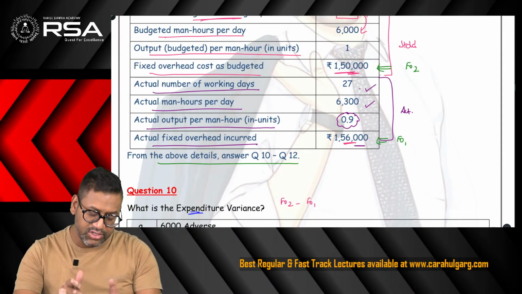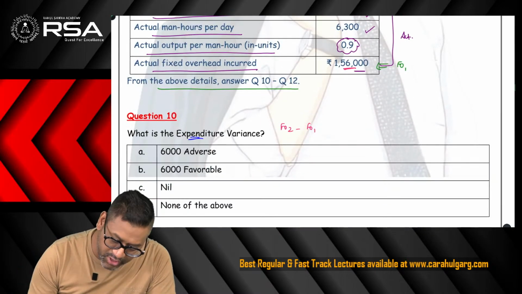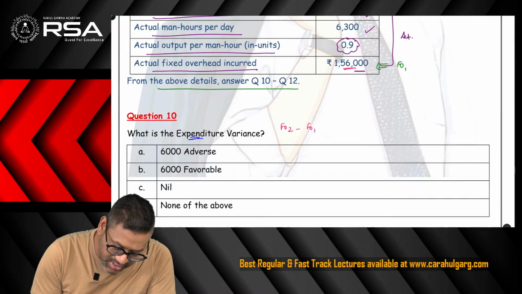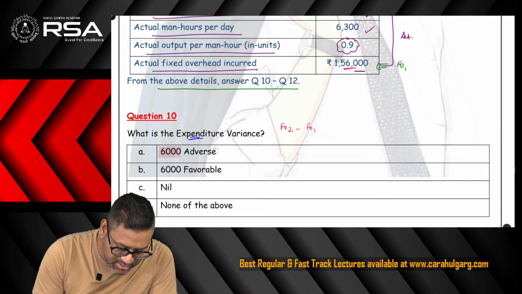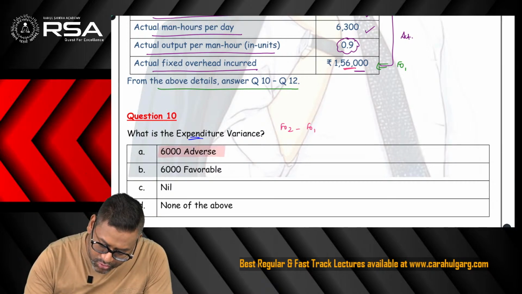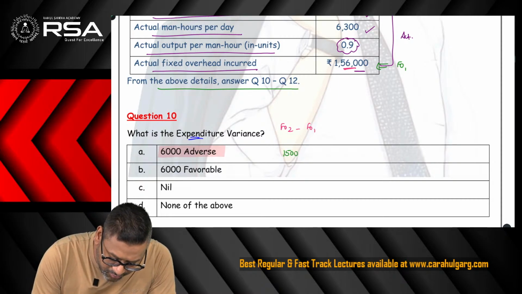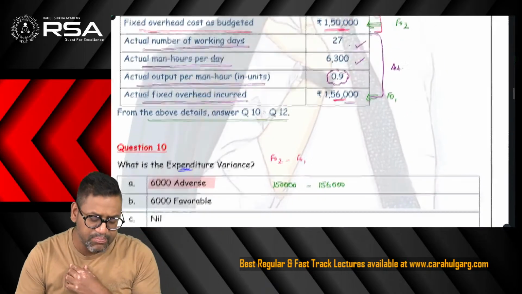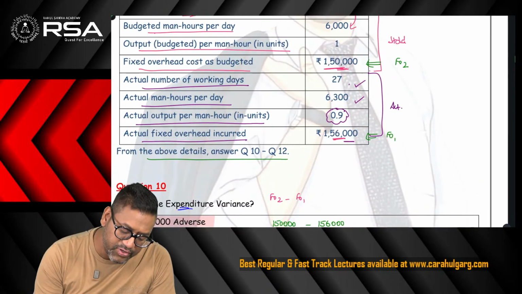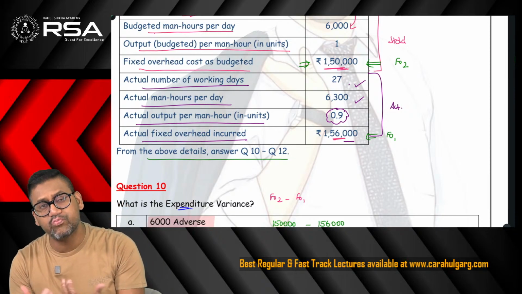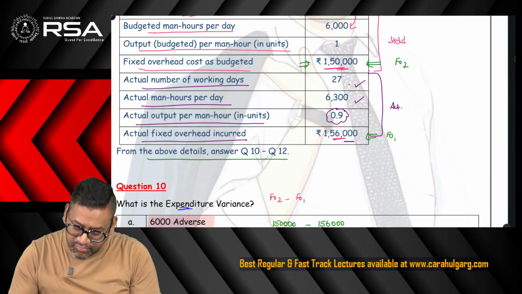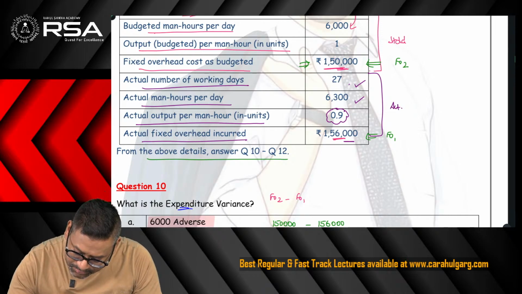So 1,50,000 minus 1,56,000, you get 6,000 adverse as the correct answer. So I get this answer straight away, 6,000 adverse. Or if you want to show it in detail as well, FO2 is 1,50,000, FO1 is 1,56,000. So it's very simple. You expected your budgeted fixed overheads to be 1,50,000, whereas you spent 1,56,000. So you spent 6,000 more. So obviously there is an adverse variance related to this one.